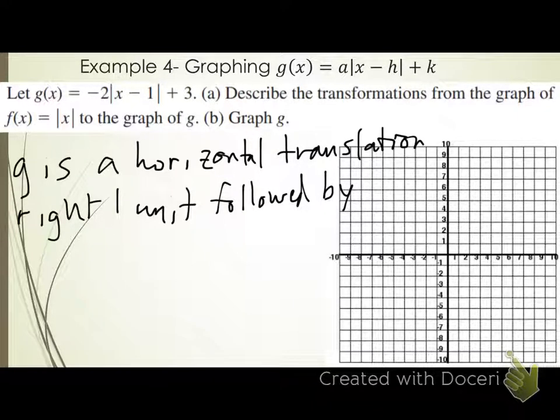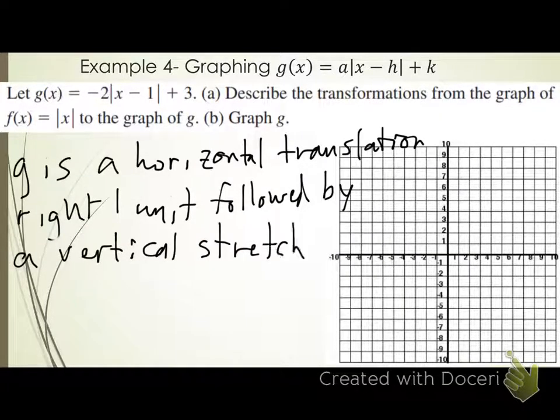If it was inside the grouping symbols, we just saw that it was horizontal. Correct? It's a vertical stretch, followed by a vertical stretch. What's the factor here? Now, negative 2, the negative does something else.